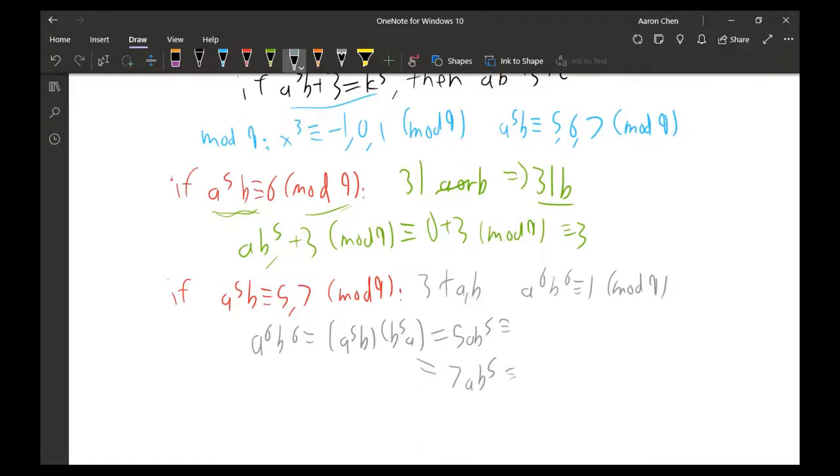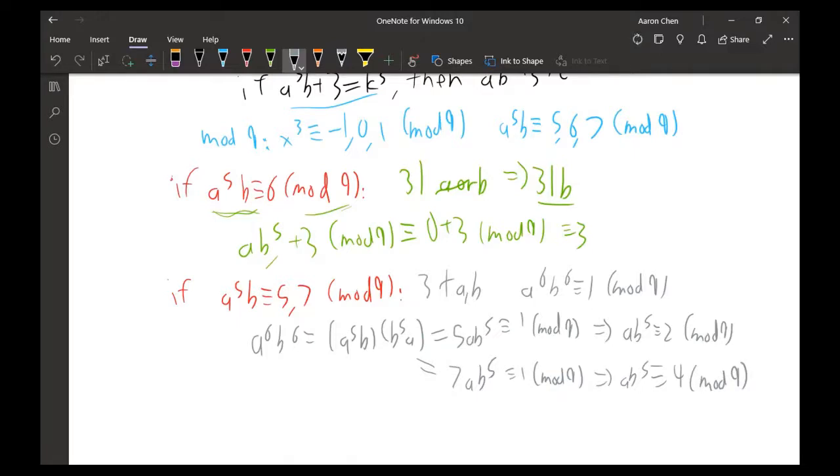In both cases, they're congruent to 1 mod 9. And so this tells us that ab to the 5th is congruent to 2 mod 9, or ab to the 5th is congruent to 4 mod 9.